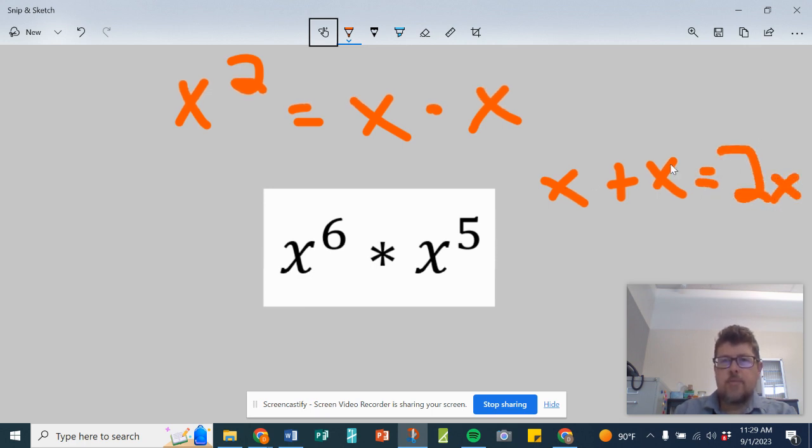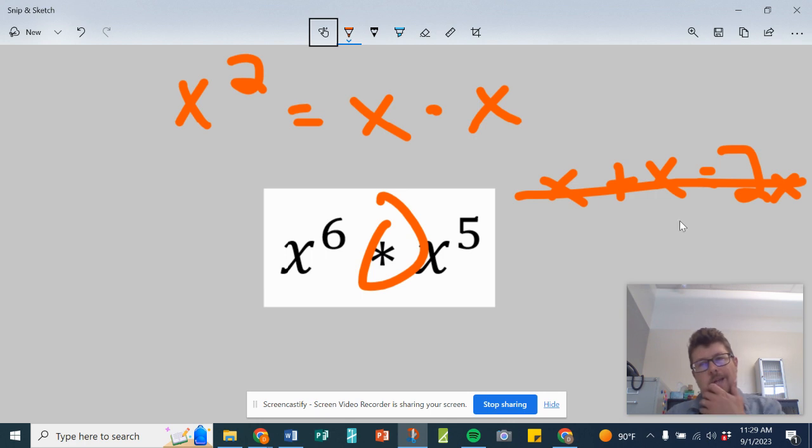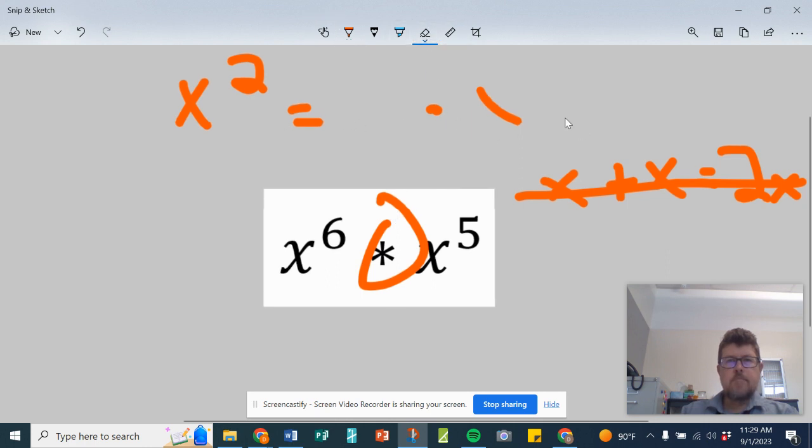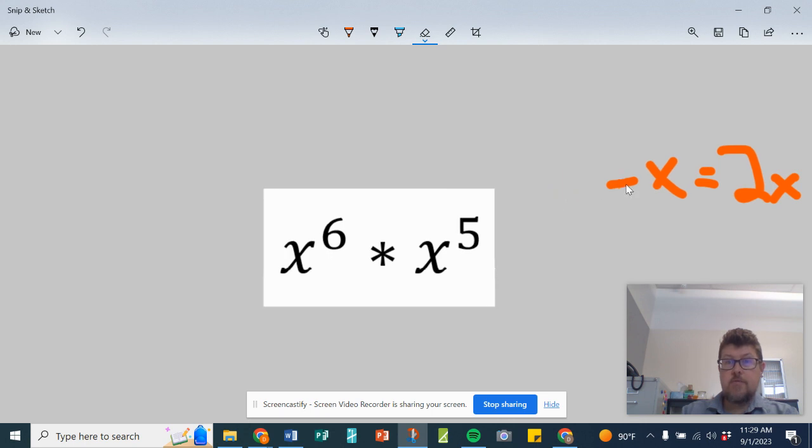Two different operations. We are not working with addition here, we are working with multiplication. So don't get confused and say that x squared would be 2x. Just don't get them mixed up. You just got to make sure you recognize these situations when it is multiplication.